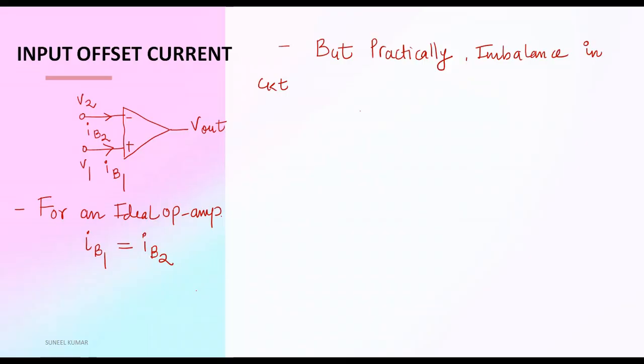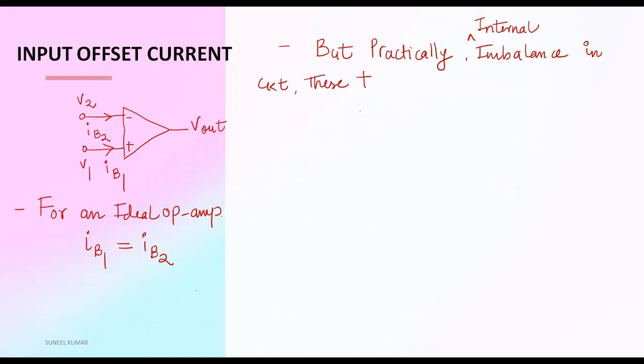Basically, differential amplifiers are inside of an op amp. So practically there is internal imbalance in the circuit. These two currents are not equal in the circuit.